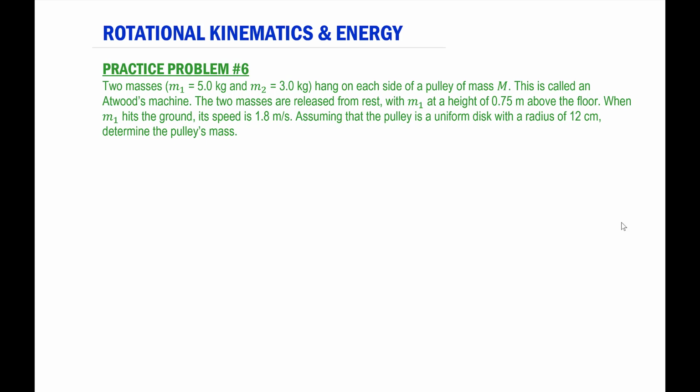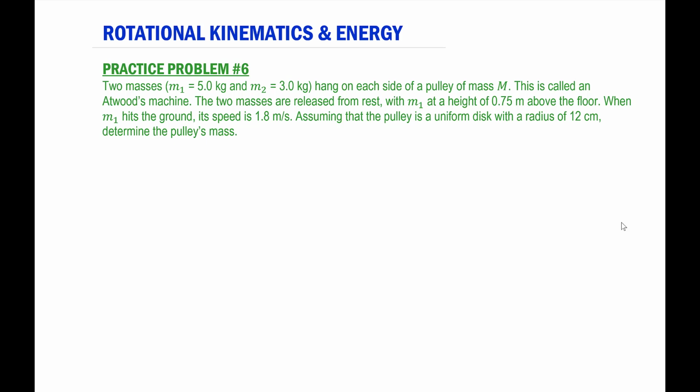So we have quite a few things going on in this problem. We have up-down motion, with the two masses and rotational motion with the pulley. We should start with an initial versus final diagram, labeling as much as we can. Then we should probably figure out which energies to look at.